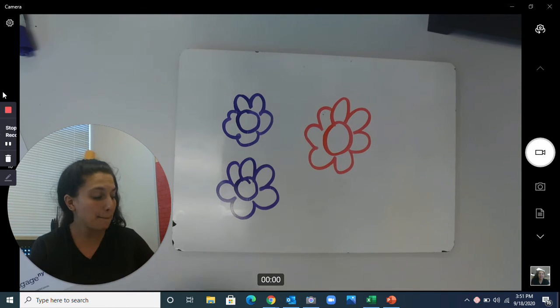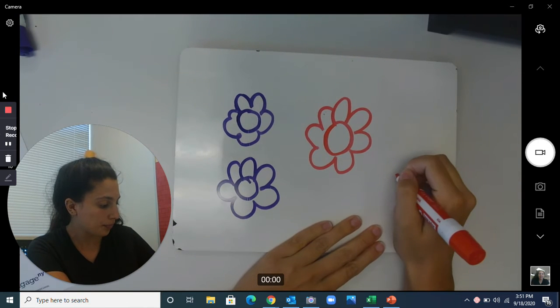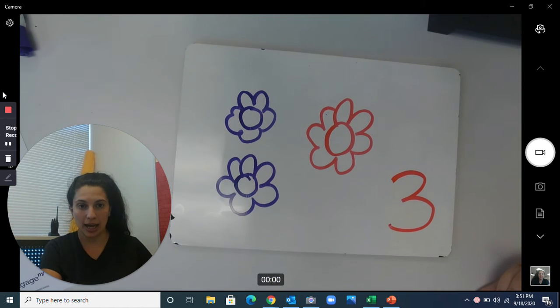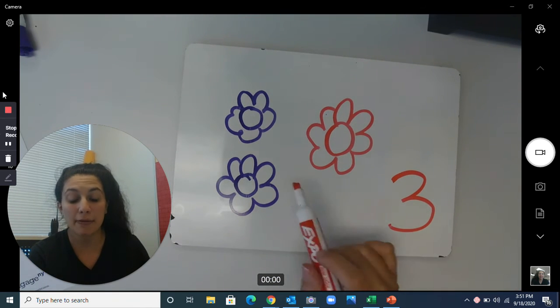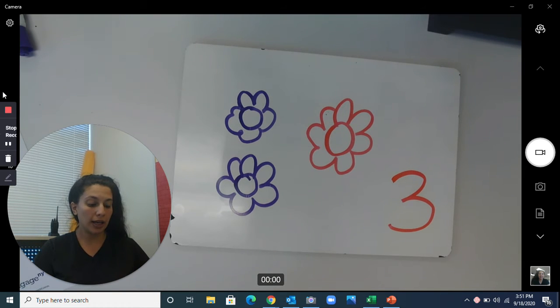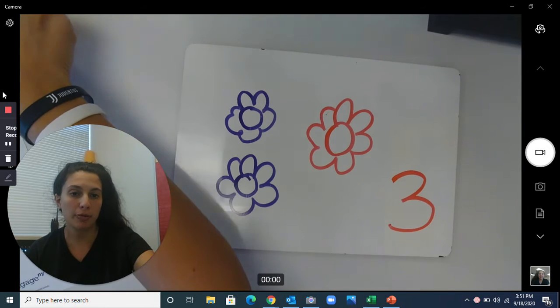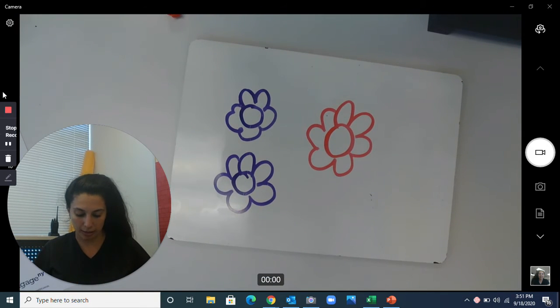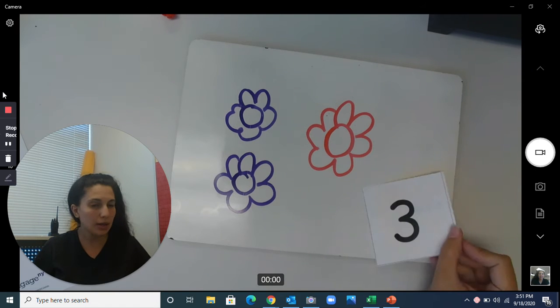It's the number 3, and it looks just like that. I have 3 flowers. So if I'm looking at this again, how many purple flowers do I have? I'm going to erase my 3 and put this number card down for it, so that it's a different color.